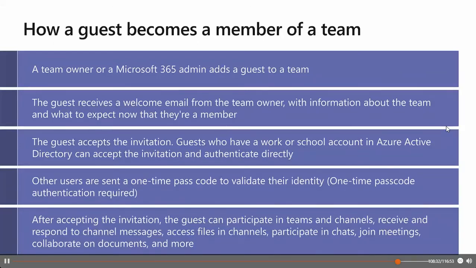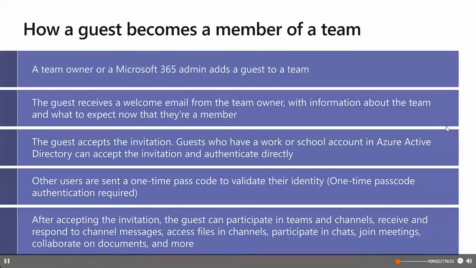Specifically, you will have an invitation that is sent out to the user. The guest user needs to accept the invitation. You also have the capability of a silent acceptance, where with the first access of the application, they accept the complete scenario. And then we have other users who may be sent a one-time passcode to validate their identity.